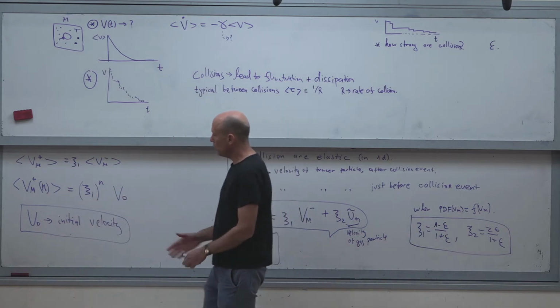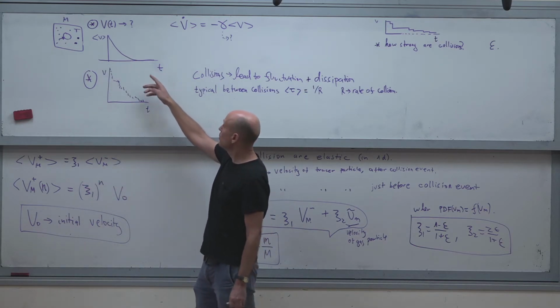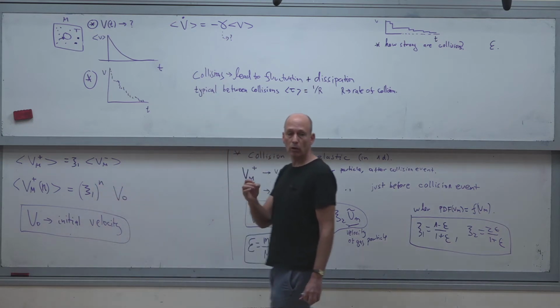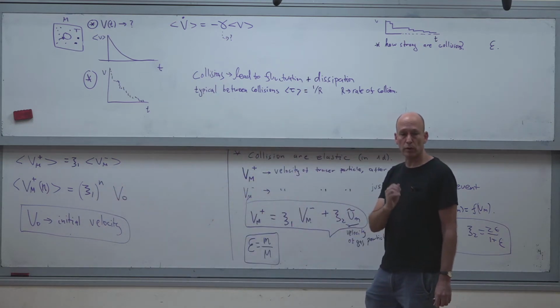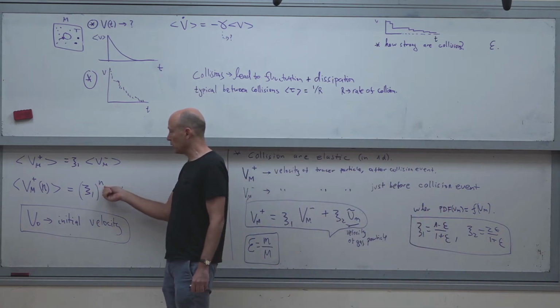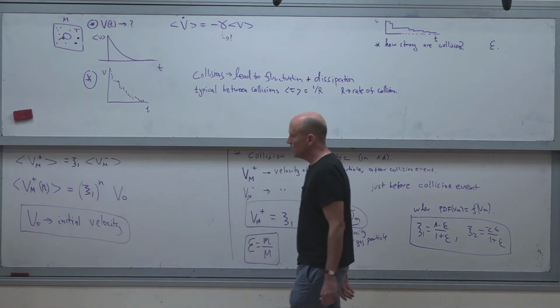And what is this law? This is an exponential decay, similar to what you have here. But here we have n. What is n? It's a number where you measure collision number 1, 2, 3. So this is the number of collisions. Assuming, let's say, we have 22 collisions, this is the average velocity.